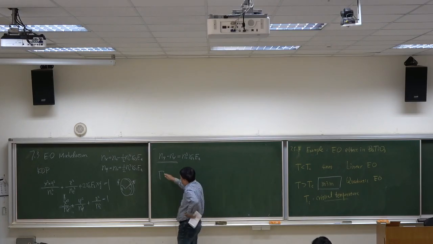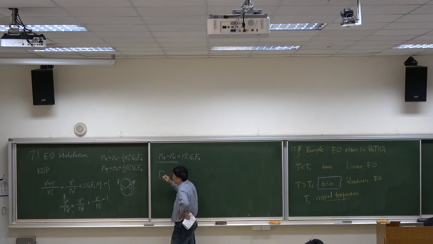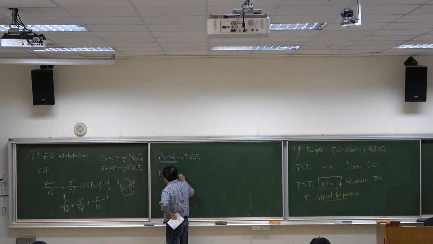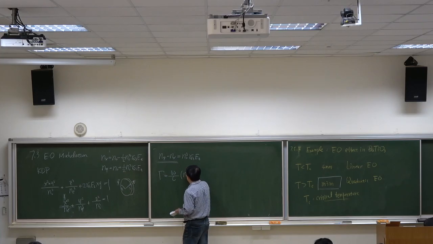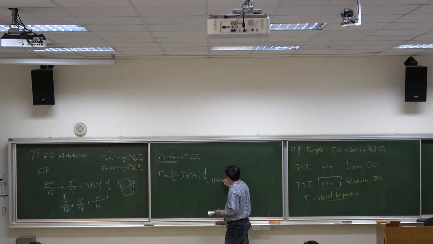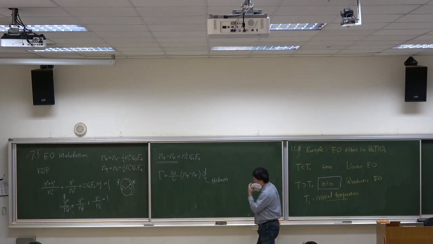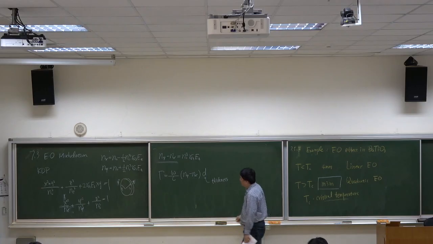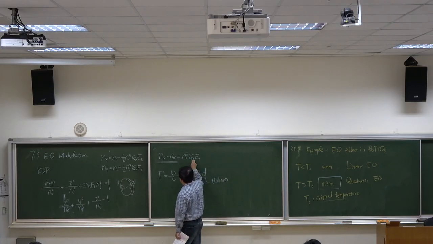The corresponding gamma, the phase retardation of this wave plate, is given by omega over c times (ny prime minus nx prime) times the thickness of the wave plate.